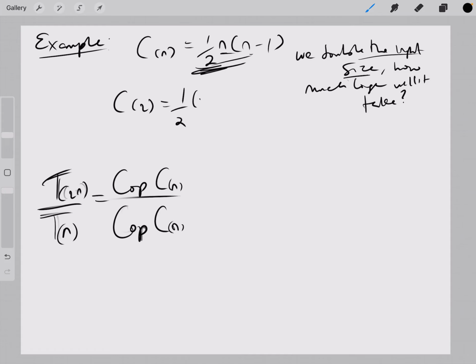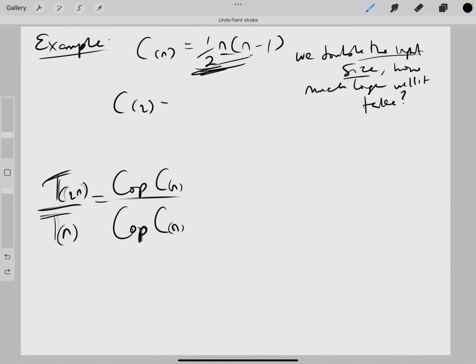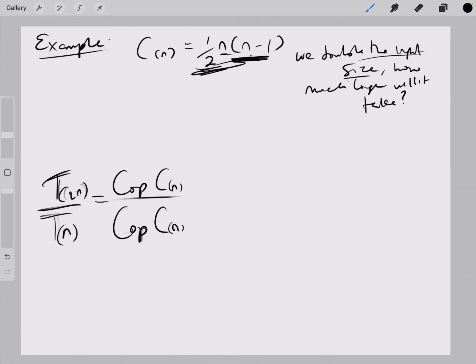Before I input those values, let me try and simplify this. I should mention that the highest degree of the polynomial will determine the complexity of the function that we are dealing with. So I'll just expand this. We have half n squared minus half n.